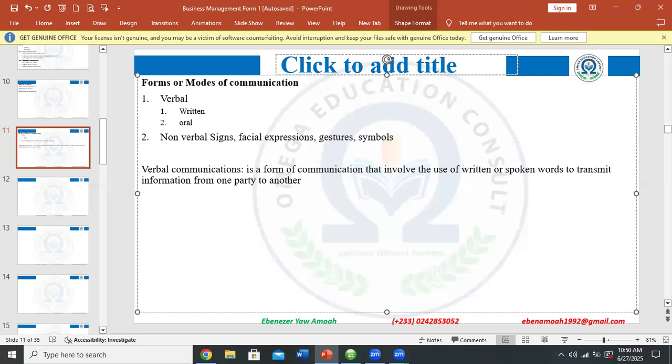So you can define it as that. Okay. Now, as we have noted, it could be written, so we can have written communication and oral. Now, we need to digest this and look at some advantages and disadvantages of written communication.